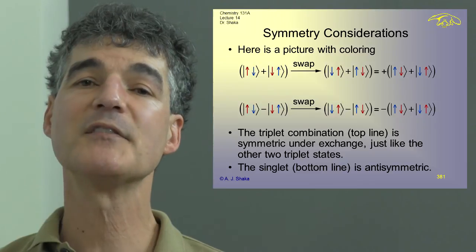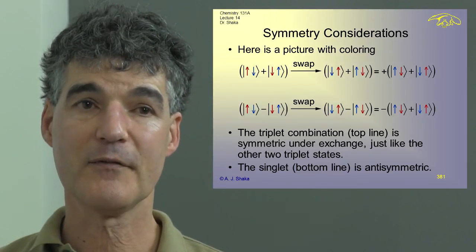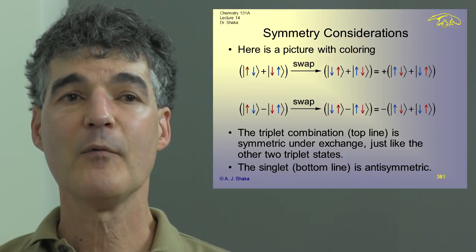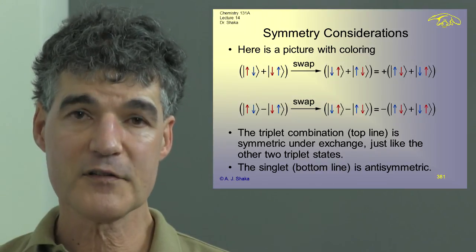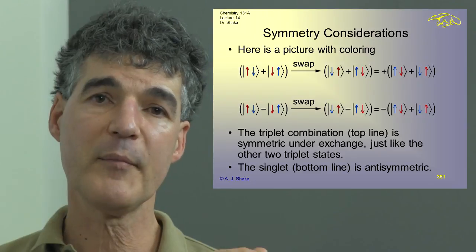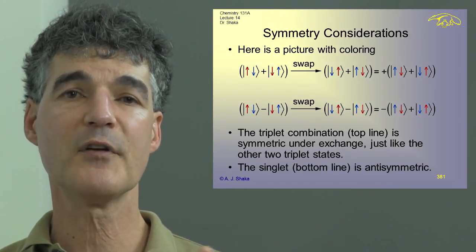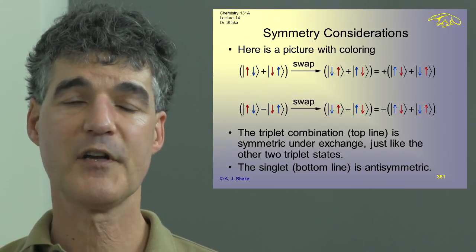That's equal to -1 times what we had before, because they're opposite. What that means is that the singlet has different symmetry than the triplet. Although they both have m = 0 states, the states are different because one is symmetric under exchange and the other is anti-symmetric under exchange.